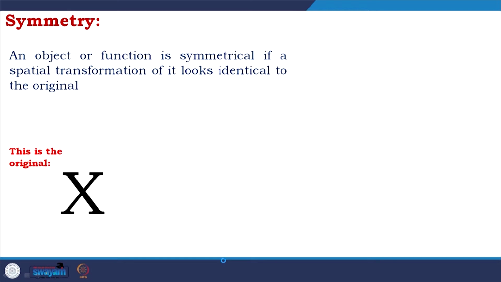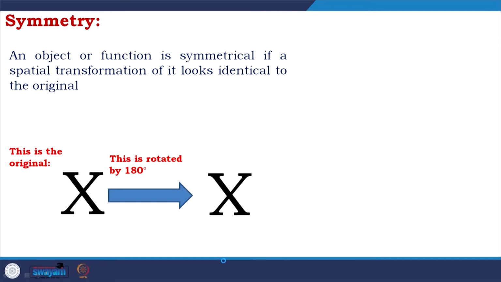Let us say this x is original. Now, if I make a 180-degree rotation and come to this, then I would say it is symmetry.